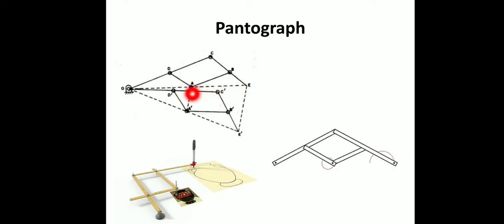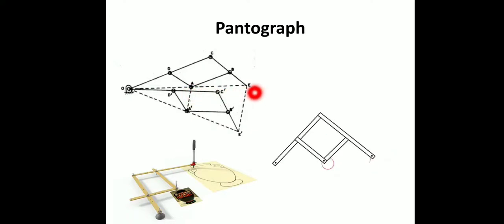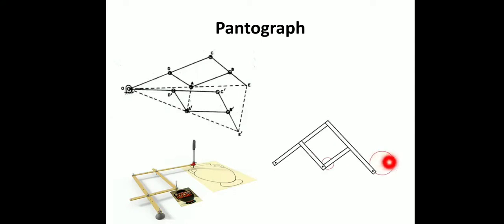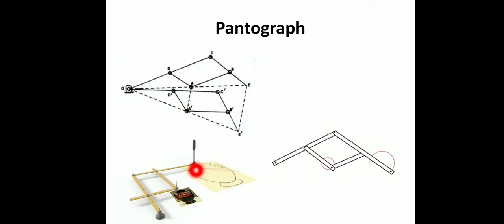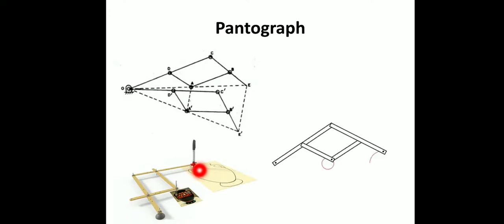That is, when you are drawing a figure with respect to point A, the same figure can be drawn at the point E. There is an example. Here a small circle is followed by point A and the result will be a larger circle with the help of link E. This is the pantograph mechanism. Here you can see a pot drawing using a pantograph.